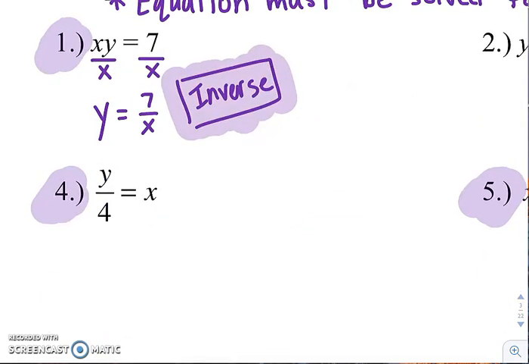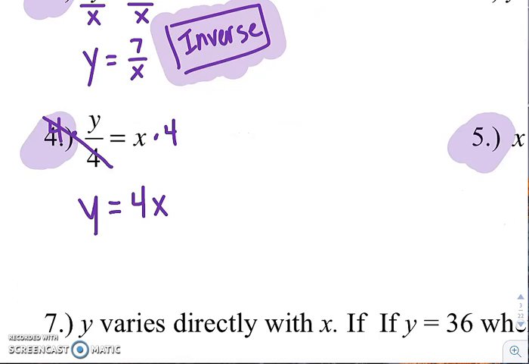Y over 4 equals x. So y is being divided by 4, so I'm going to multiply both sides by 4. That will make that go away. Y equals 4x. So we've solved for y. We have 4 times x. That would be multiplying by x.